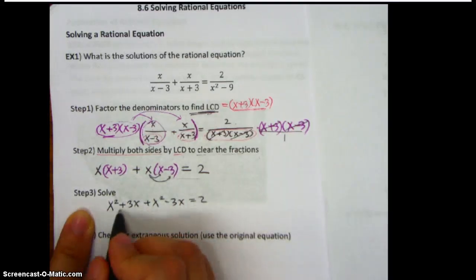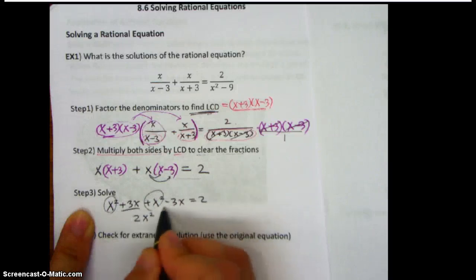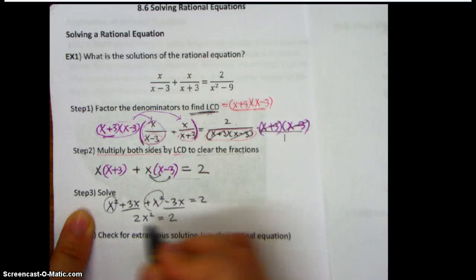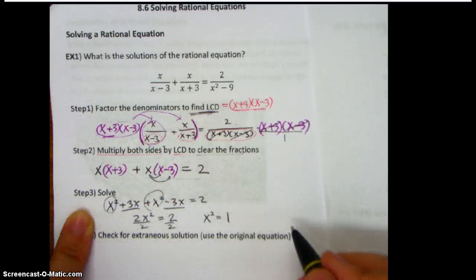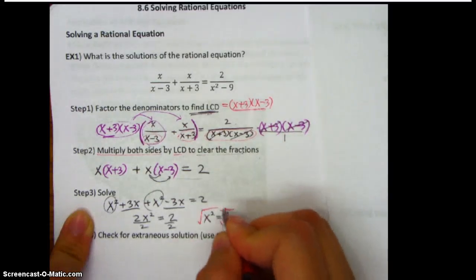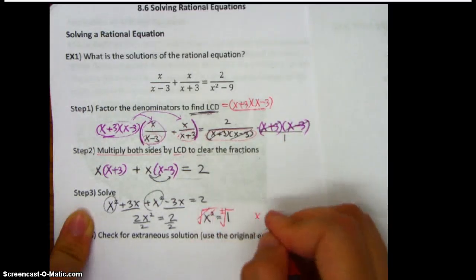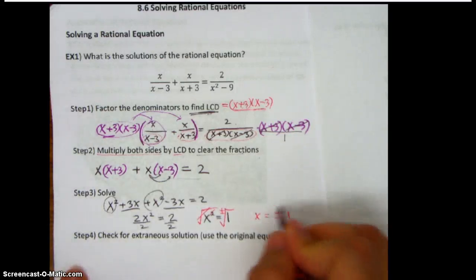Combine like terms, so 2x squared, and the 3x and minus 3x cancel, is equal to 2. Divide both sides by 2, you get x squared is equal to 1. Now you can square root both sides with plus and minus, and you get x is equal to plus and minus 1. So we have two candidates.